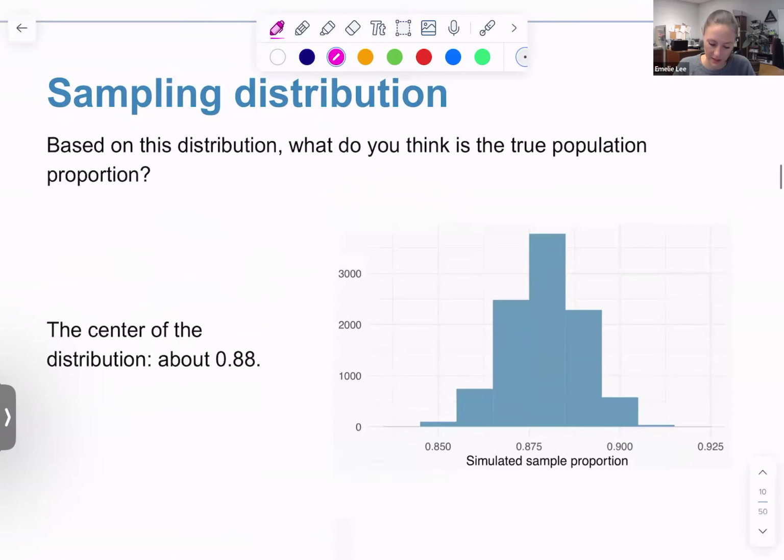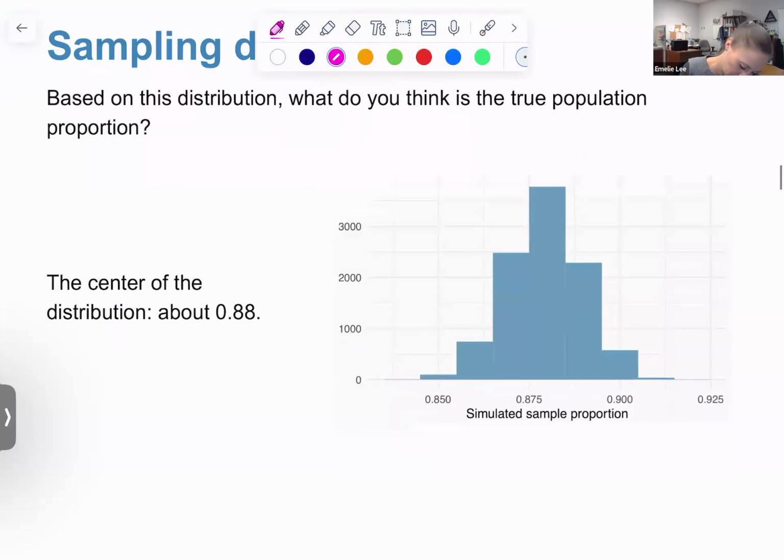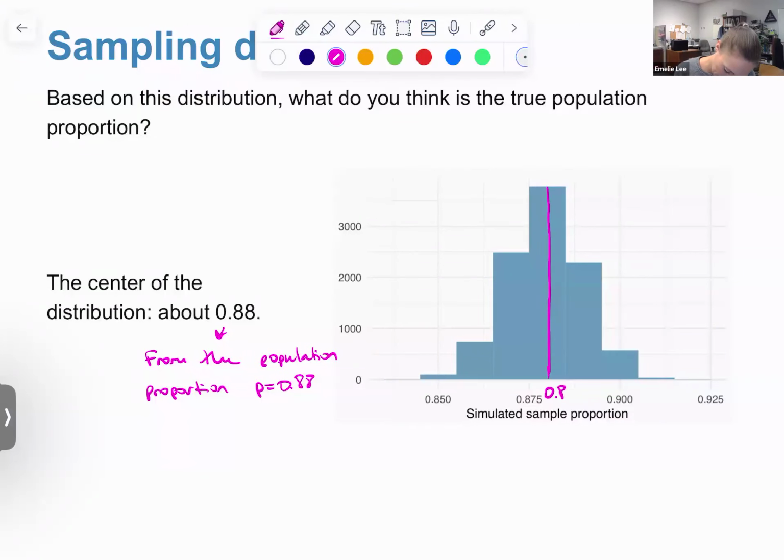Well, I guess it's on this next slide. The center of the distribution is about 0.88. Now, the reason it's so specific is because we know that the population proportion is 0.88. Usually we don't. Okay? This is from the population proportion. p is 0.88. Okay, so here, centered on 0.88.